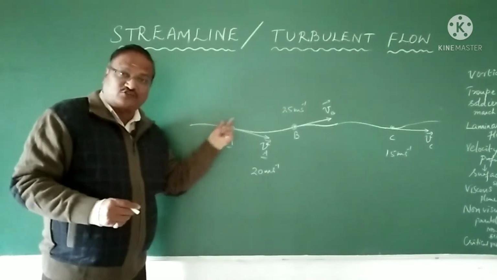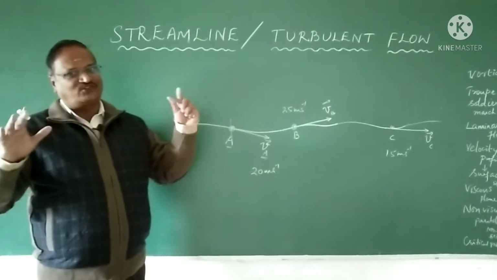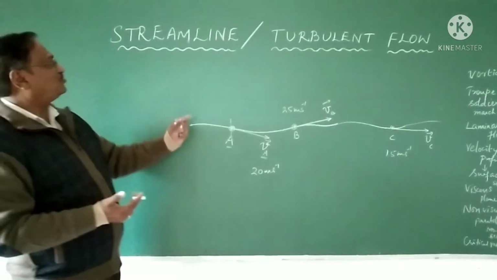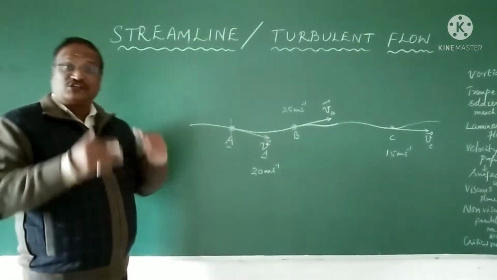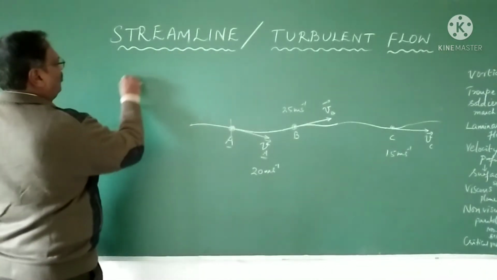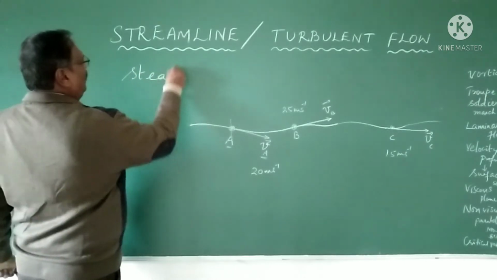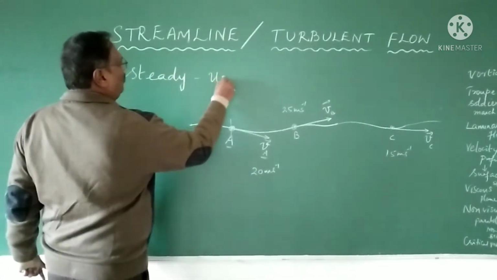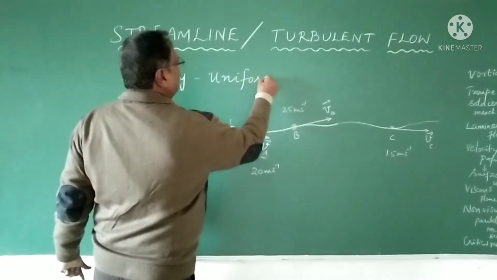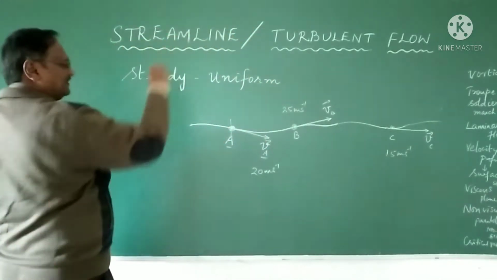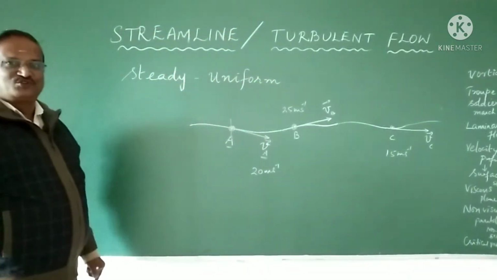The particle which passed through this point, the same velocity it should possess. Such a motion is called steady flow, also called uniform flow, and this is generally termed streamlined flow.